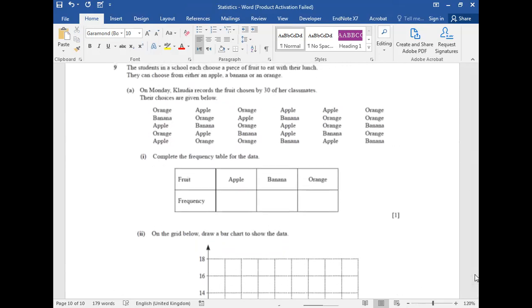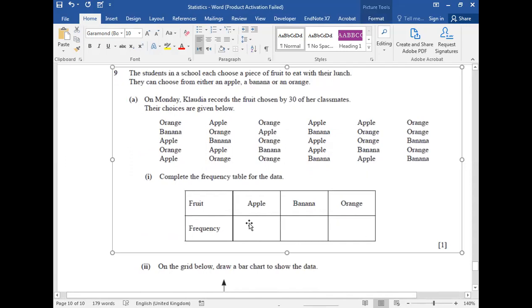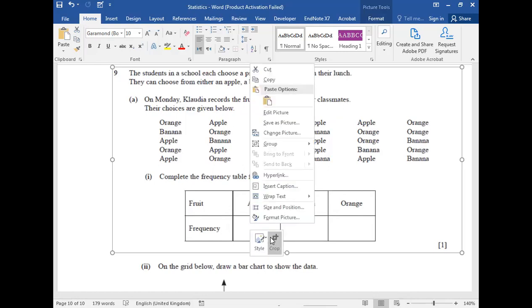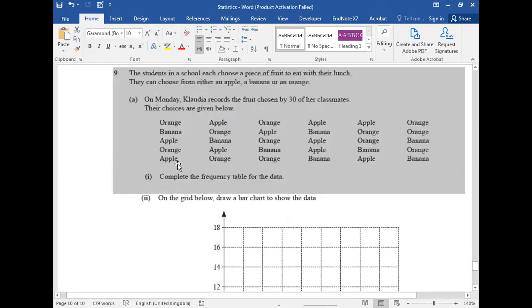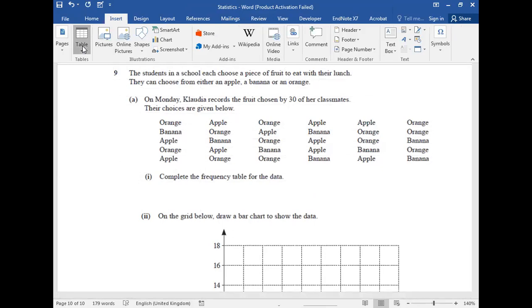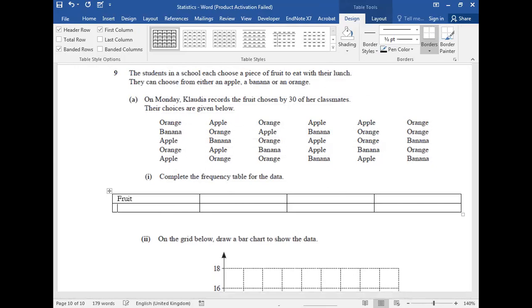So first count the data. How many apples do you get? 10 apples? Sure. We had apples, apple, banana.